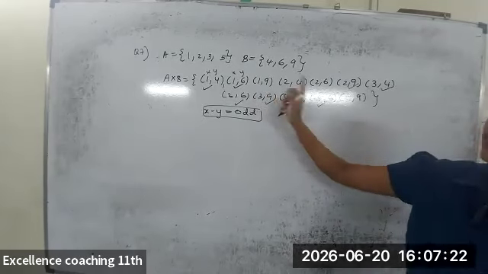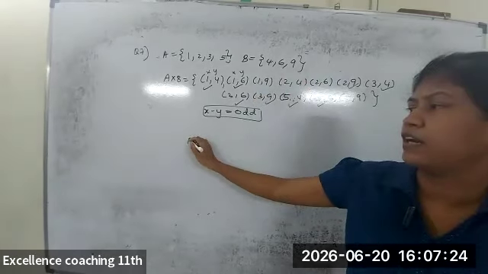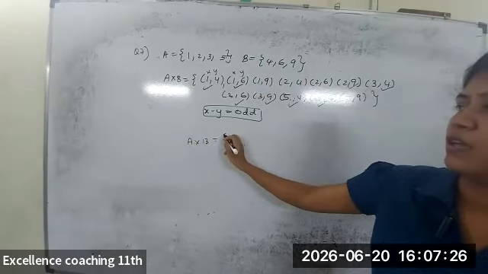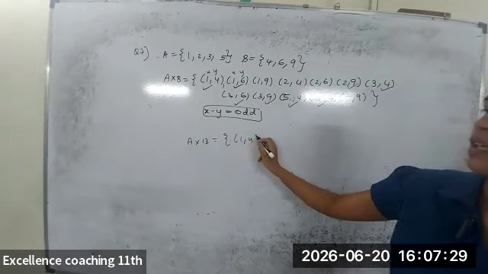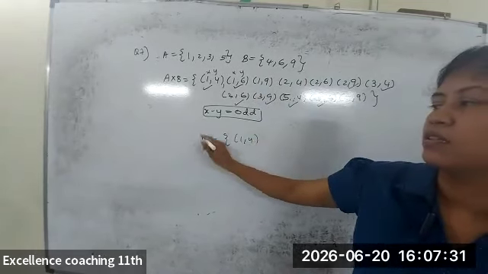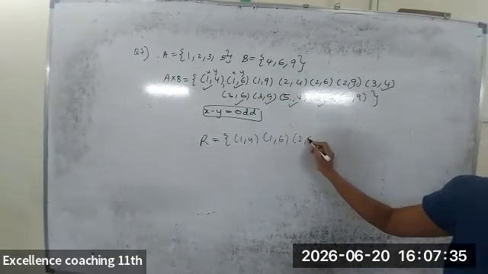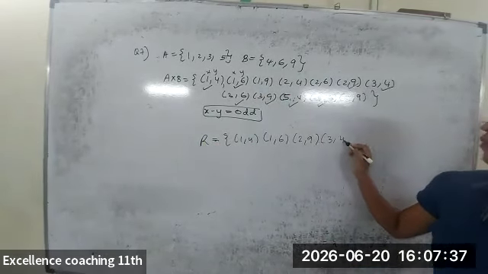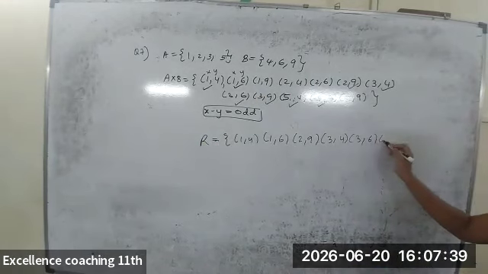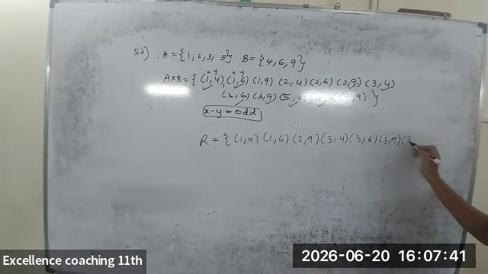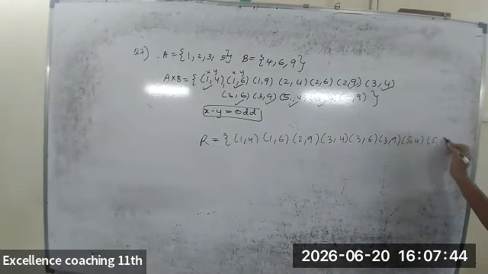So if you subtract every term and see if you are getting odd or even, those elements only. Sorry, this is R. (1, 6), (2, 9), (3, 4), (3, 6), (3, 9), (5, 4), (5, 6).